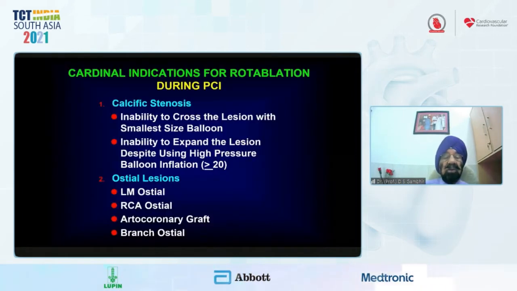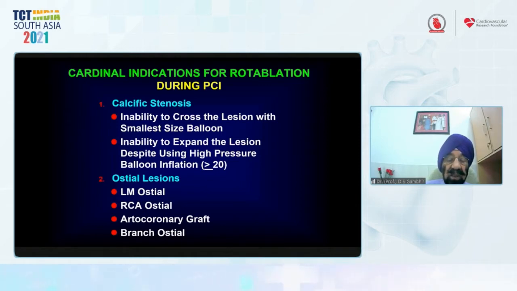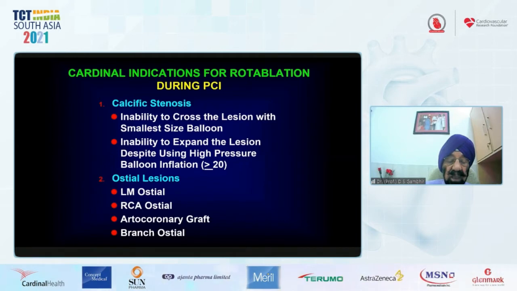Now, as you know, the cardinal indications as laid down by the manufacturers of rotablation are calcific stenotic lesions and ostial stenotic lesions like left main, RCA, aortocoronary graft, and branch ostial stenosis.